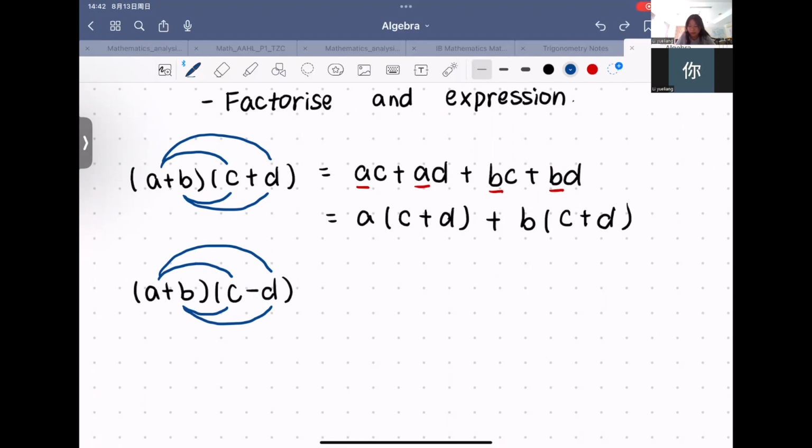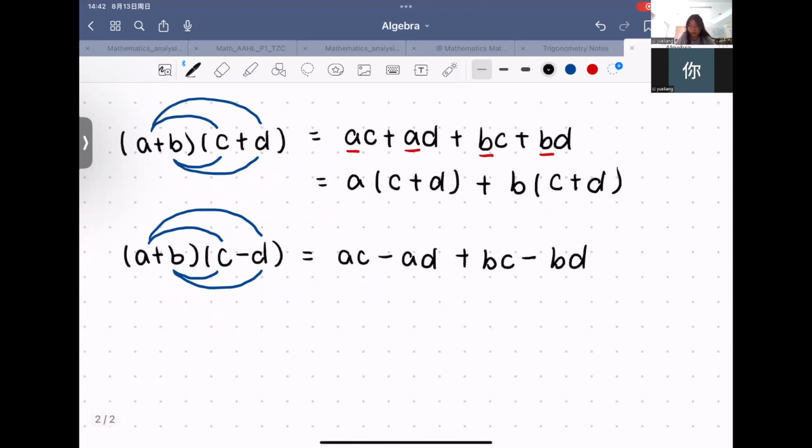So we expand it, and what we get is ac minus ad plus bc minus bd.